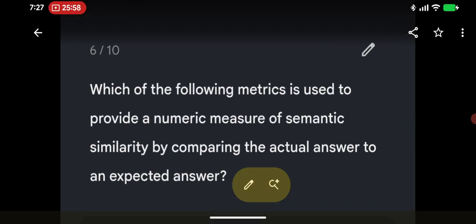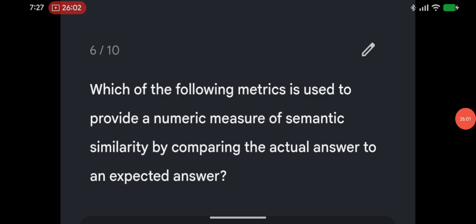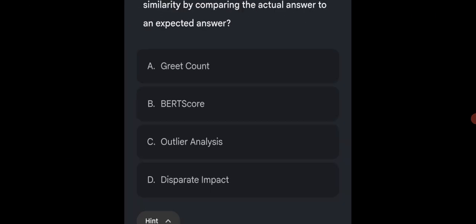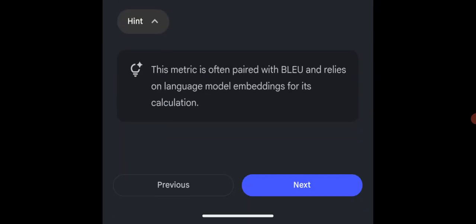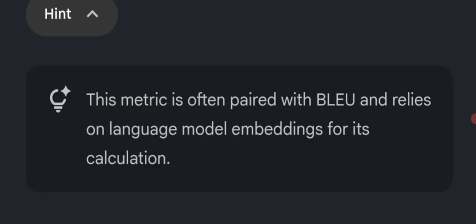Next question. Which of the following metrics is used to provide a numeric measure of semantic similarity by comparing the actual answer to the expected answer? Here are the options, and here is the hint.